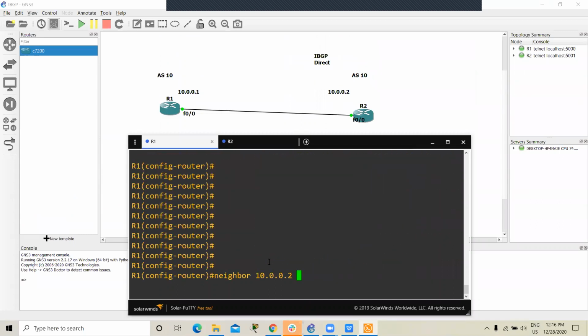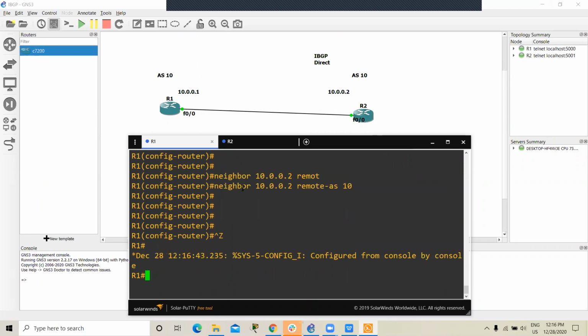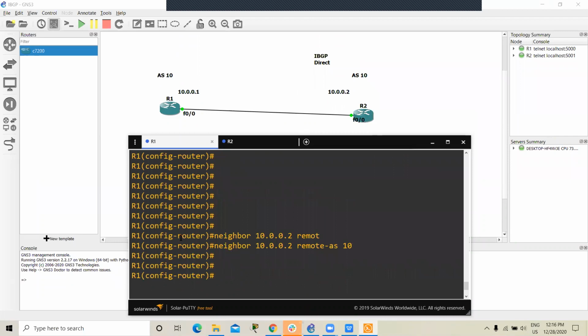After that, it asks about the remote AS. Which AS number is running on that router? So here we have to give 10. Then exit. This is the command we are using. Firstly, we give router BGP and the AS number, and then this command.